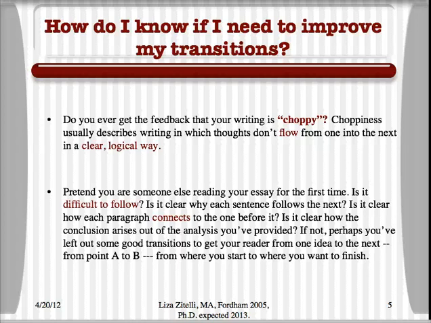Is it clear why each sentence follows the next? Is it clear how each paragraph connects to the one before it? Is it clear how the conclusion arises out of the analysis you've provided? If not, perhaps you've left out some good transitions to get your reader from one idea to the next, from point A to point B, from where you start to where you want to finish.